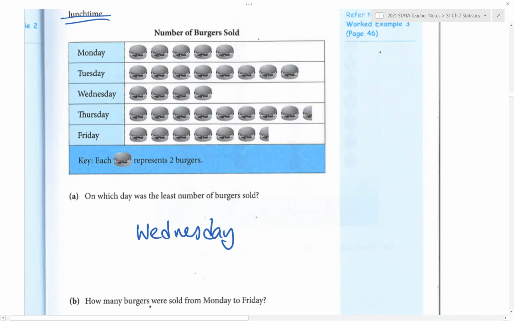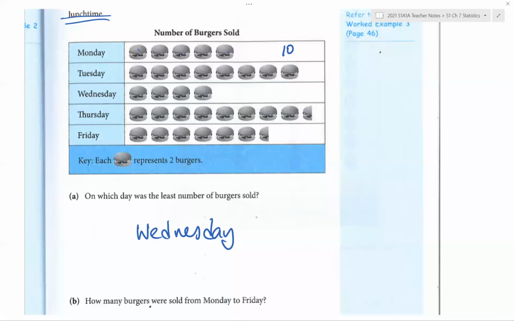Okay, both ways are okay. I think you should do it this way. There are 5 pictures in a Monday row. Then you times 2. 5 times 2, we have 10. So you write down the number at the side. Later on, I'm sure you use it.